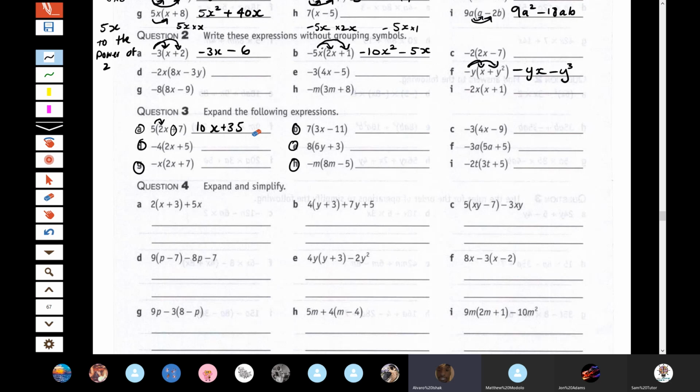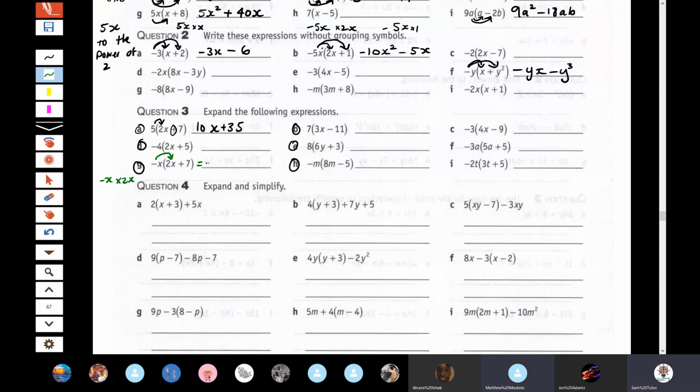I'm kind of confused on the third one down, G. So negative x times 2x becomes what? Do you know it? Negative x times 2x?